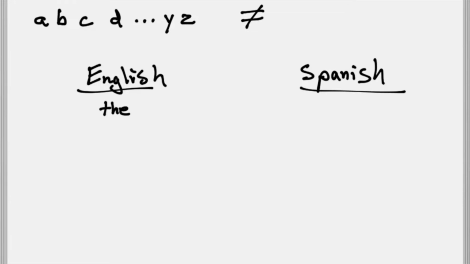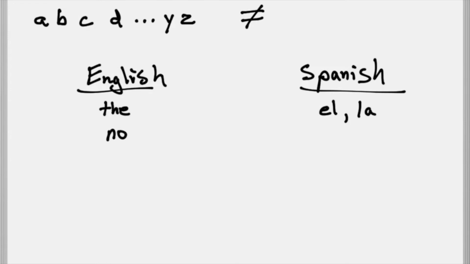However, if we want a similar meaning in Spanish, we'd have to reach for a different set of symbols, E, L, and A, and we could arrange them as "el" or "la" in order to get a similar meaning. So we've got, in this case, different symbols arranged in different ways to get a similar meaning.